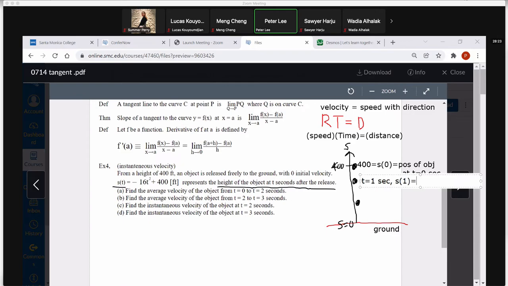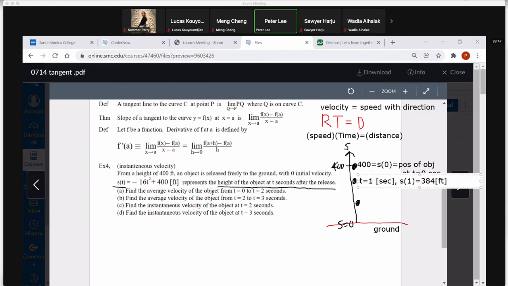So you get minus 16 plus 400. So we end up getting 384 feet. And this is actually 1 second. So let me just write 1 second here.